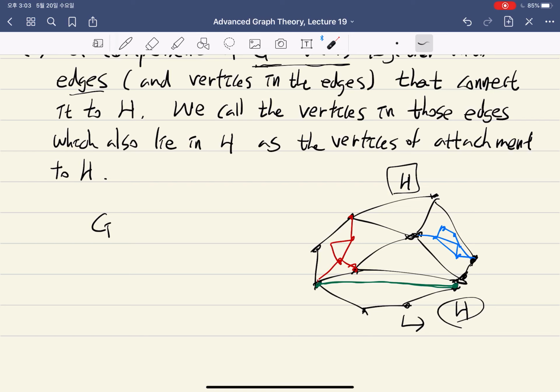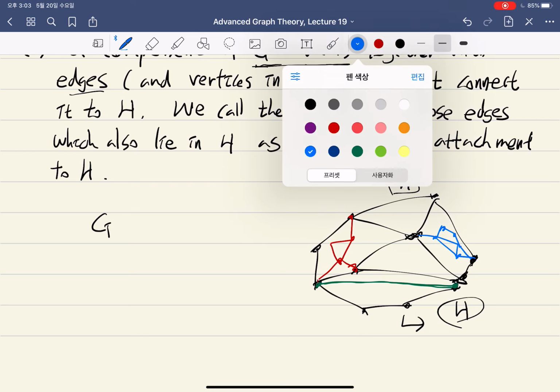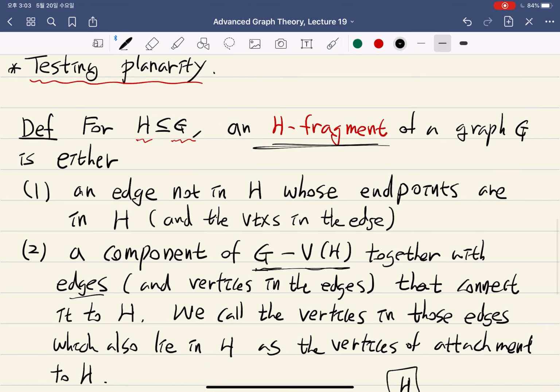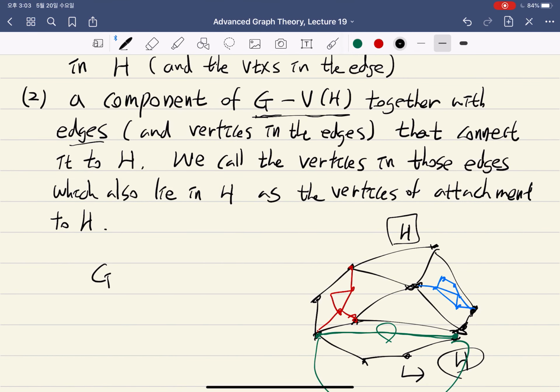But sometimes there is more than one option. So for example, this fragment can instead be embedded here. So either this or this, there is more than one way. That's the motivation for defining this H fragment.